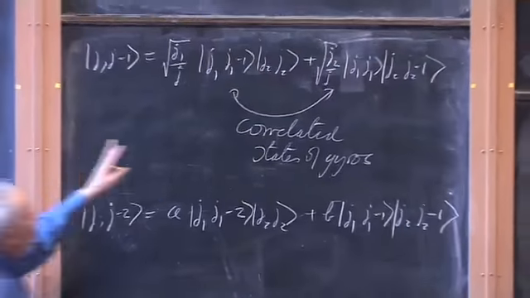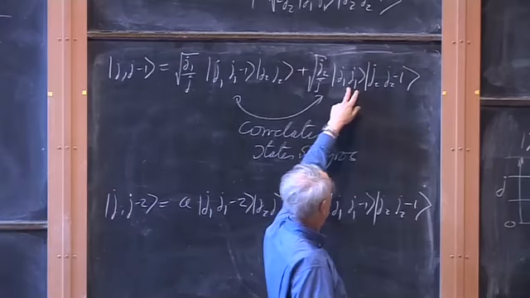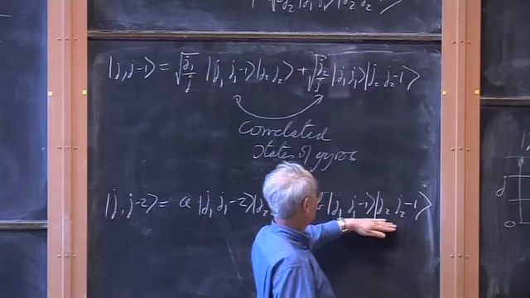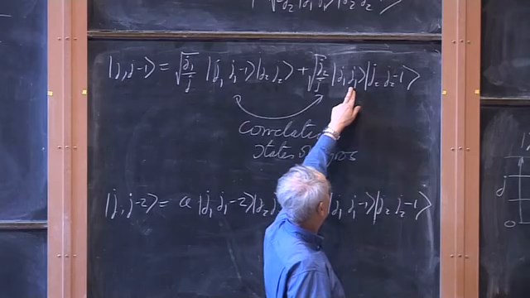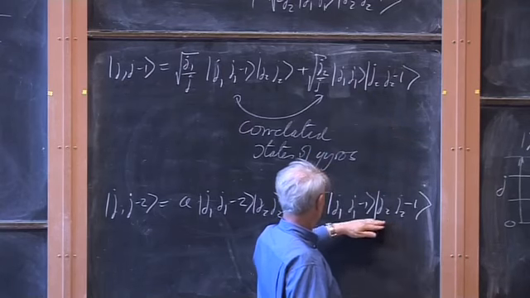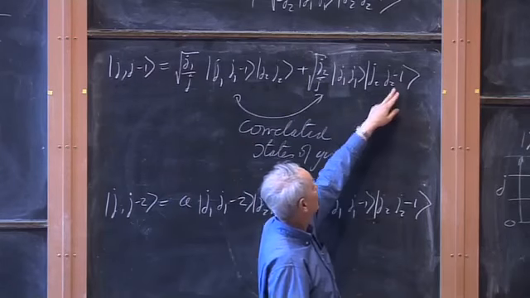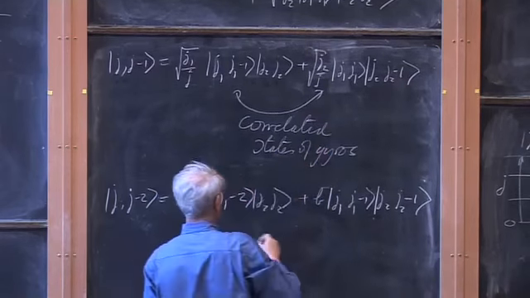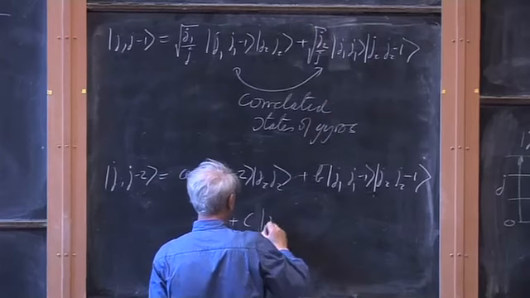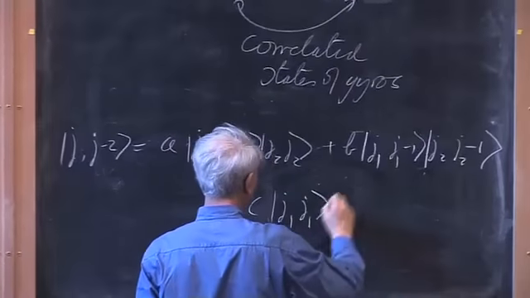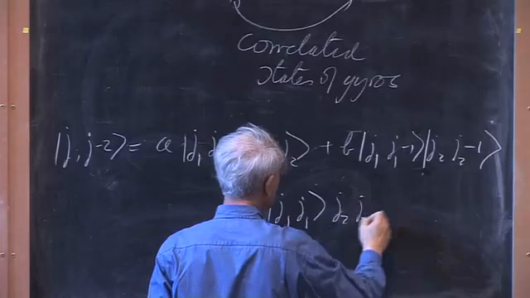Then when we use J1 minus on this, we get some more of what we've already got. This gets lowered to J1 minus 1, and we get some more of this, which we can absorb in this B. And then when J2 minus works on this, that goes down to a J2 minus 1. So we get plus another amount of J1, J2, J2 minus 2.